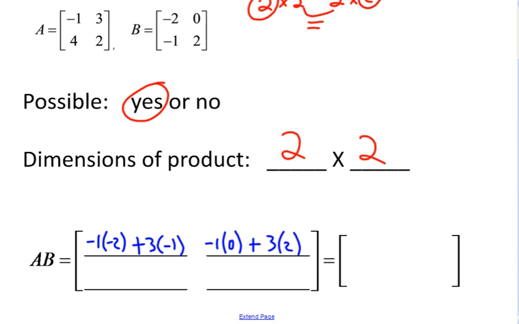We're going to take 4 and 2 and multiply it by the first column and then multiply it by the second column. The key is that, again, 4 multiplies by the first number, 2 multiplies by the second number, we add them together. So we have 4 times negative 2 plus 2 times negative 1.